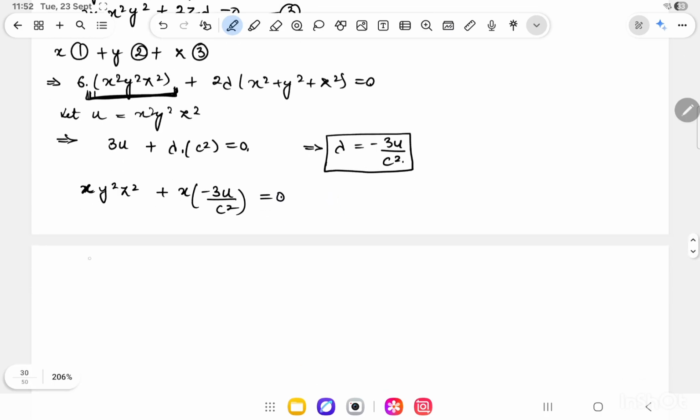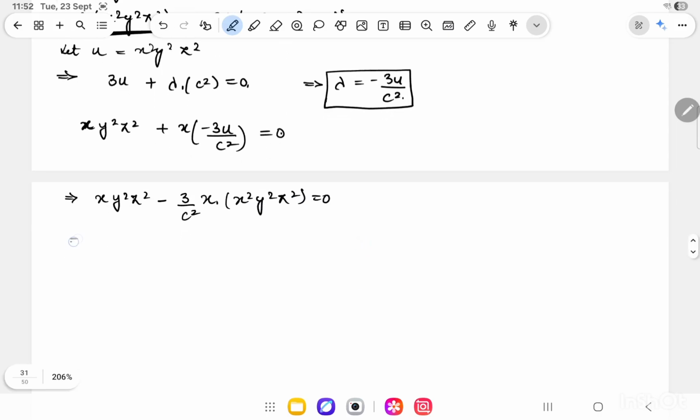Now from here I'll get x into y square z square minus 3 by c square into x, and u is basically x square, y square, z square, equals 0. Now if I pull out x, y square, z square, I'll be left with 1 minus 3 by c square into x square equals 0.